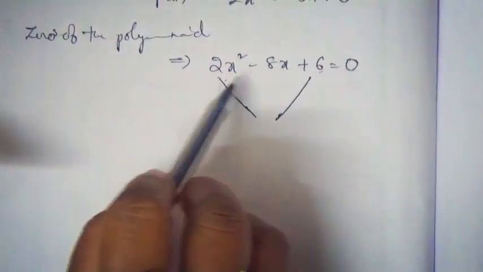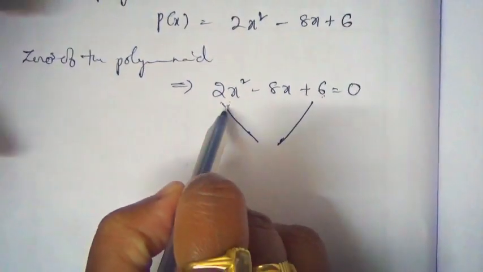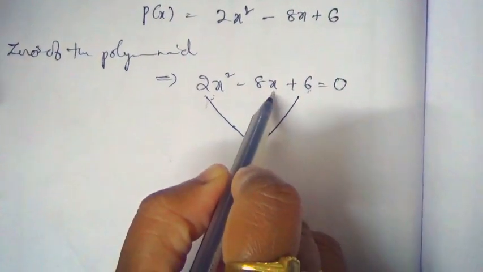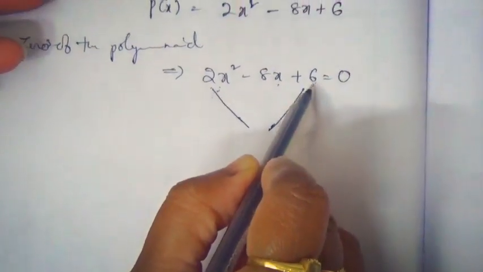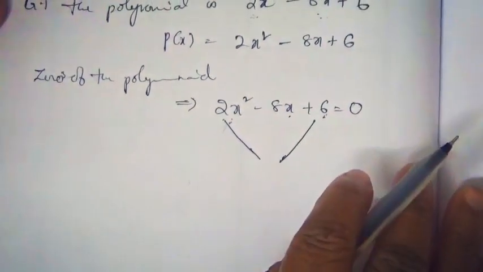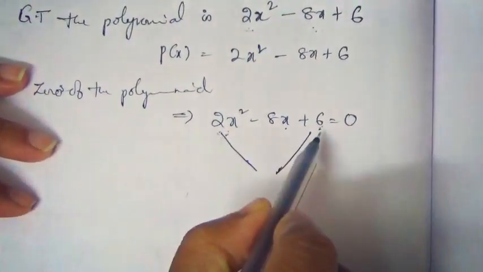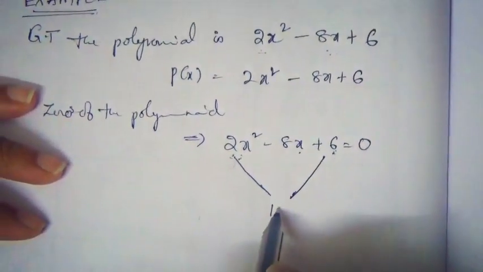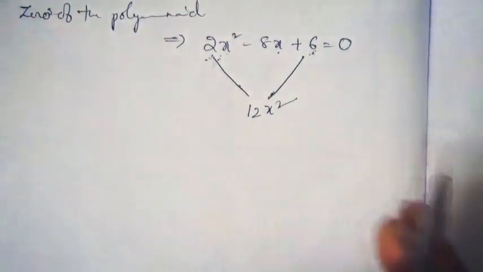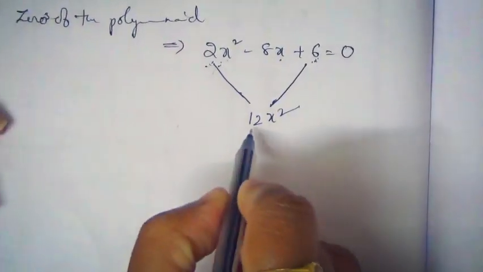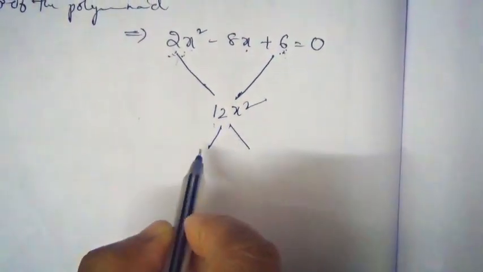Keep the equation in order: firstly the highest power, then x with power 1, then the constant term. Then multiply the first term and the last term, that is 6 twos are 12, and x square. There is no negative sign, so it is positive, that is plus 12x square.